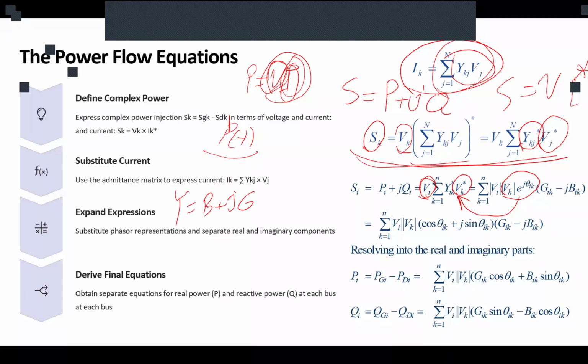The conjugate of that becomes G minus jB. Are we good? We just change the plus sign in a complex number to the minus sign. Is that clear? Any question about that?